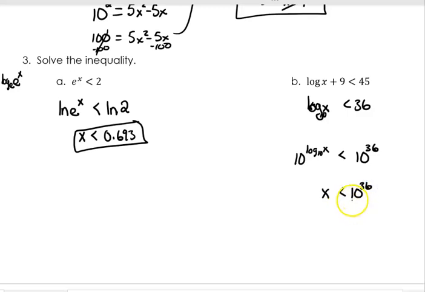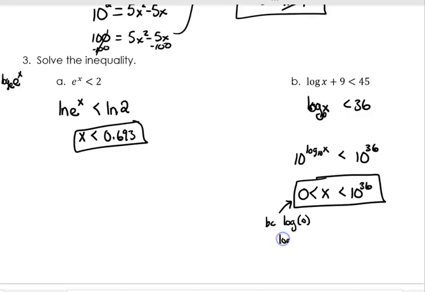Now, I'm not going to write out 10 to the 36 because that's a ton of zeros. That's just kind of crazy. So we're just going to leave it there. But remember, it says any number less than 10 to the 36, but not 0 and not negative. Because it's a log, the x has to be greater than 0, because log of 0 or log of a negative number does not exist.